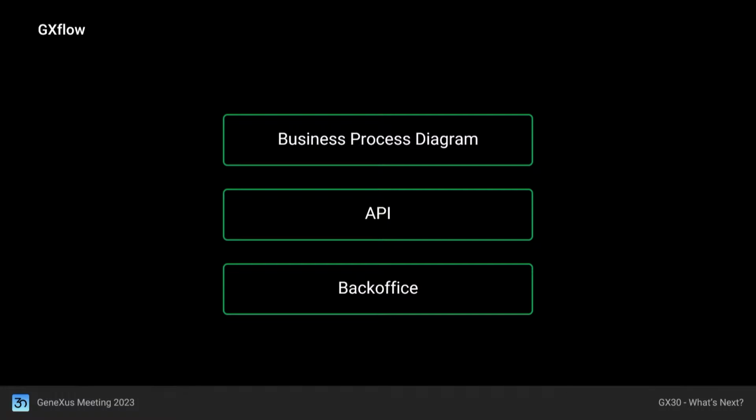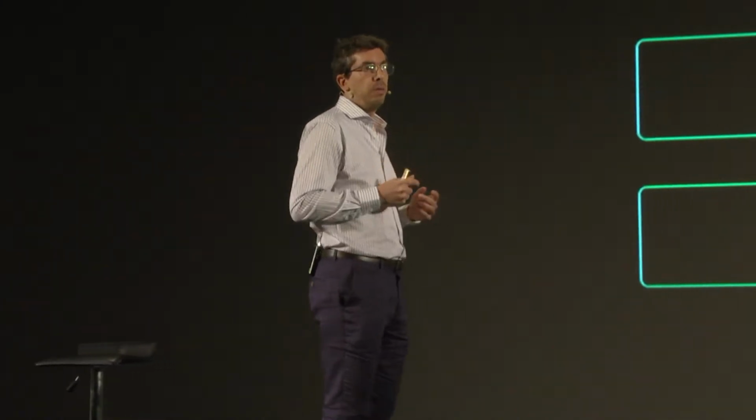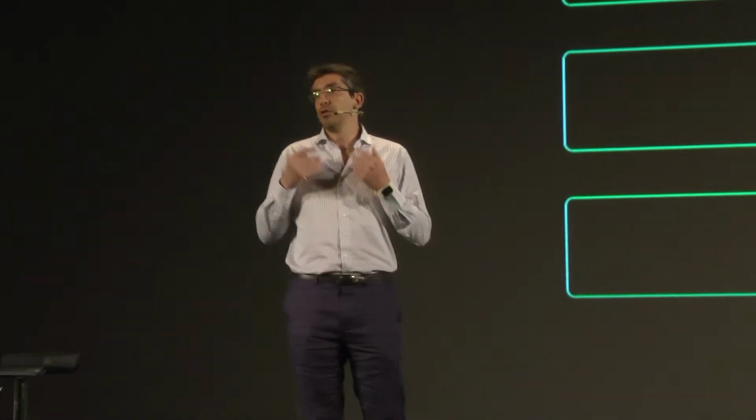Or if you already have defined objects, you can use them. We have all the objects of the API that you can use. And then we're also working on the back office of GXflow. Lucas, there are many people working on this, which Lucas will be showing you in a minute.